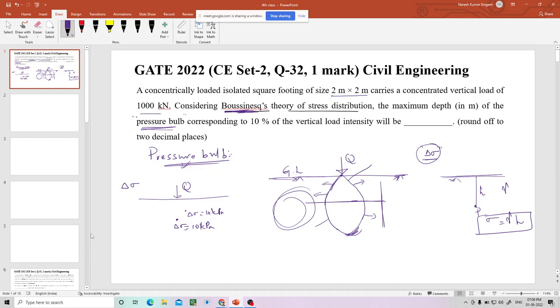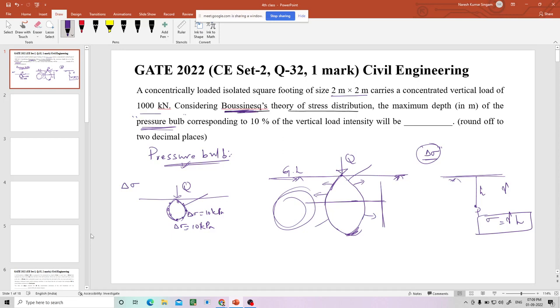If you connect all the points which have the same incremental stress due to this Q, that will form the shape of a bulb.